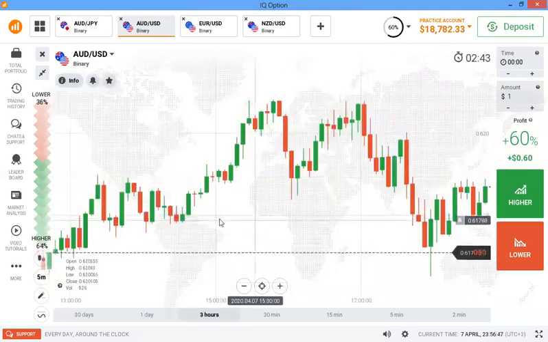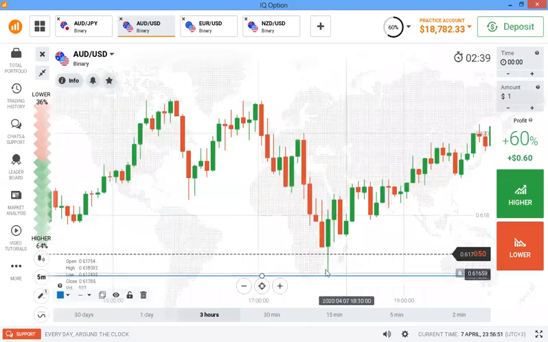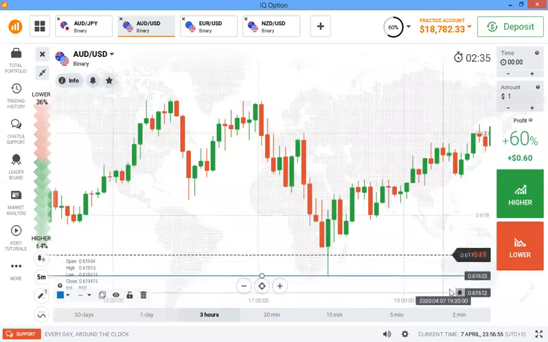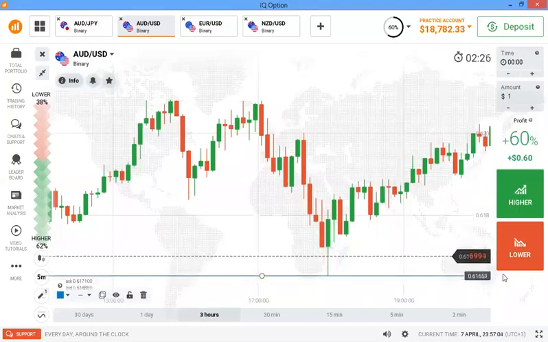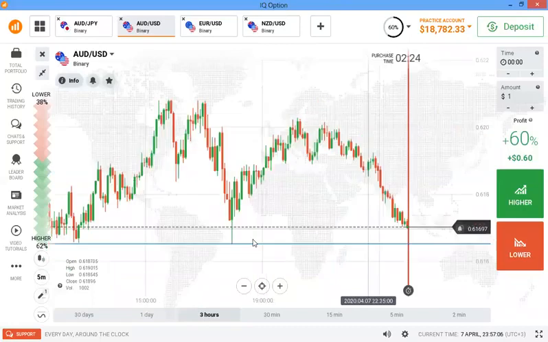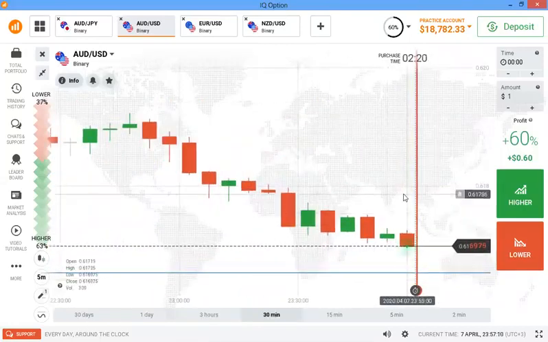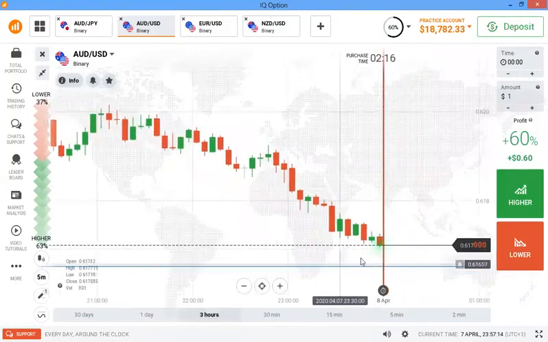That is, if the market hits this level, 0.61653, you place call. Once the market hits this level, you place call. And this is how most of the time I will do it.